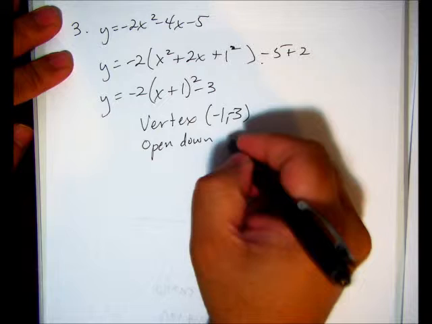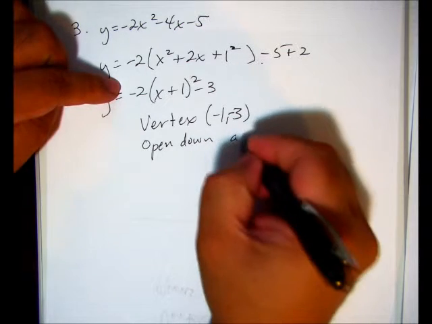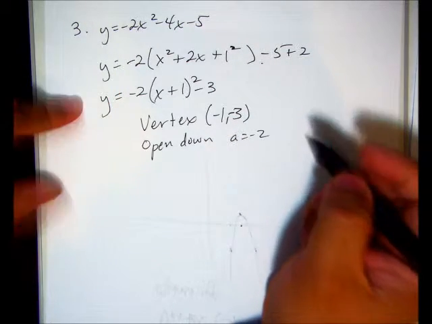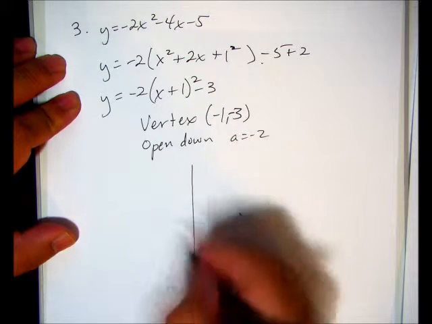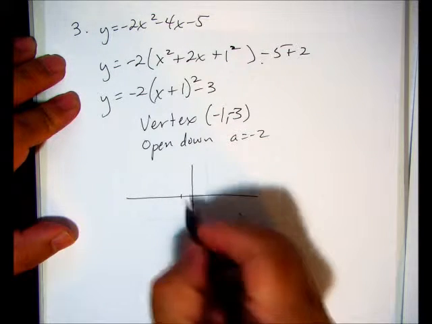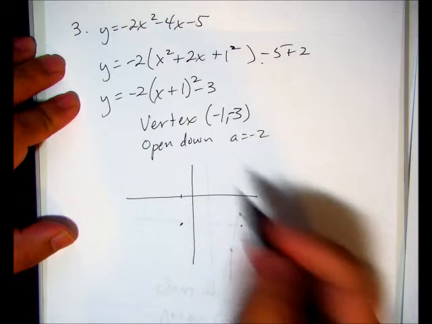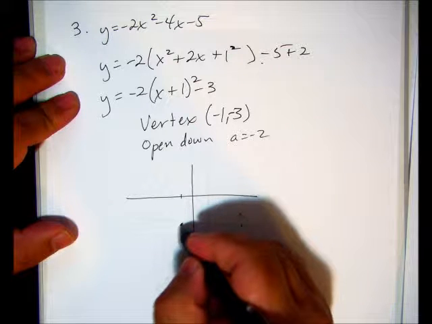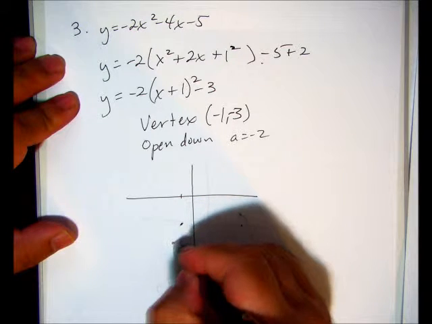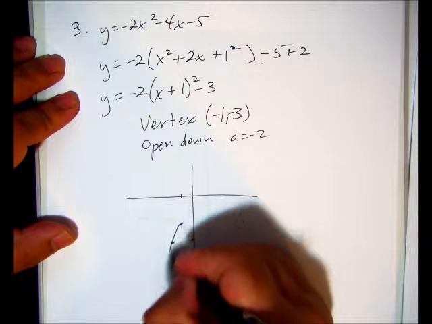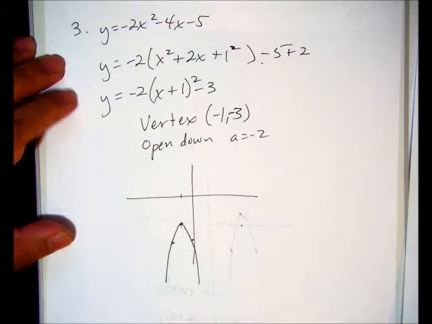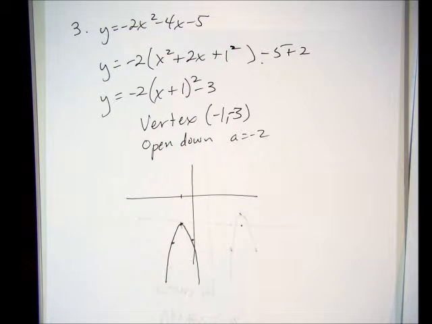This parabola is opening down because a equals negative 2. So when I graph this, (negative 1, negative 3), it's going down. Okay, that's it.